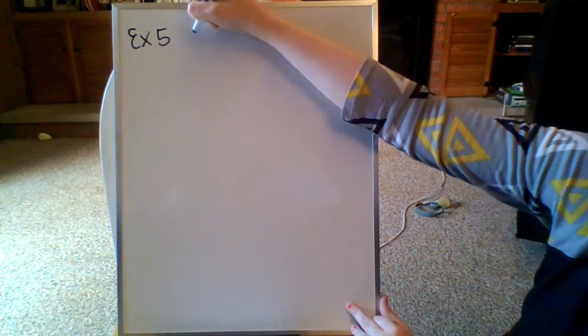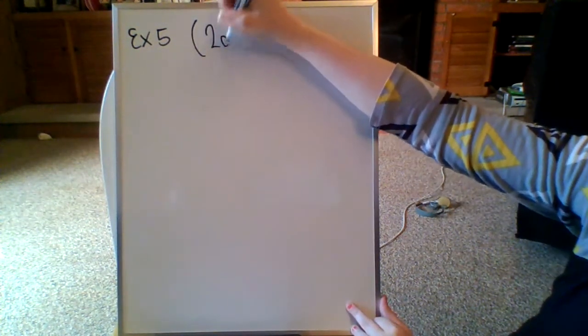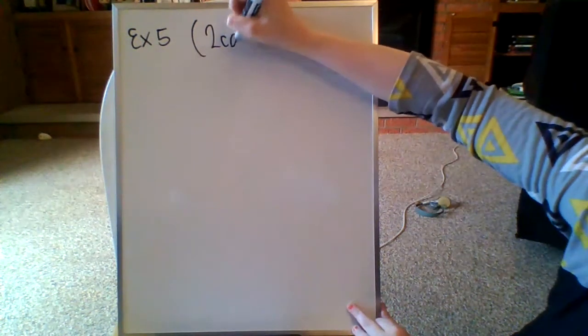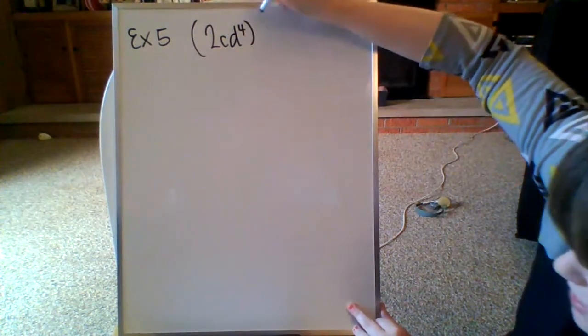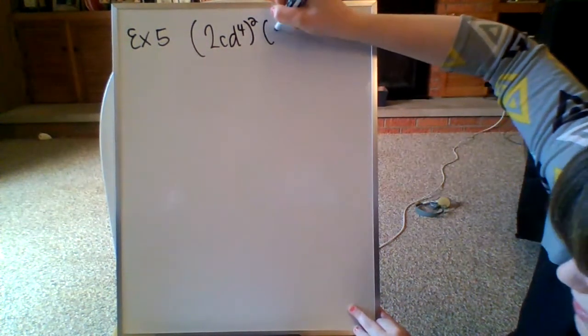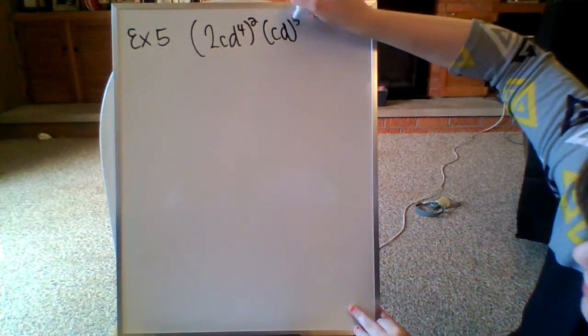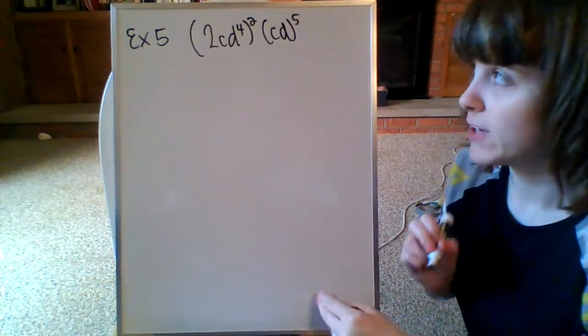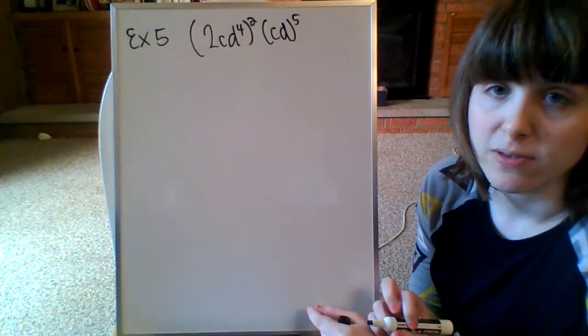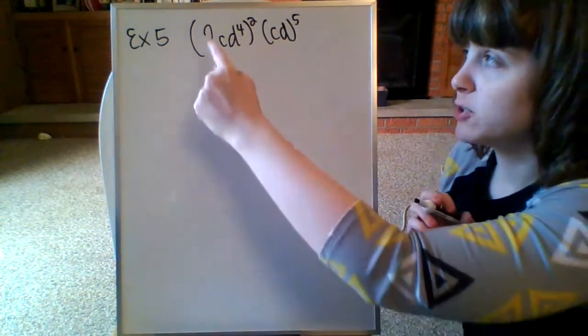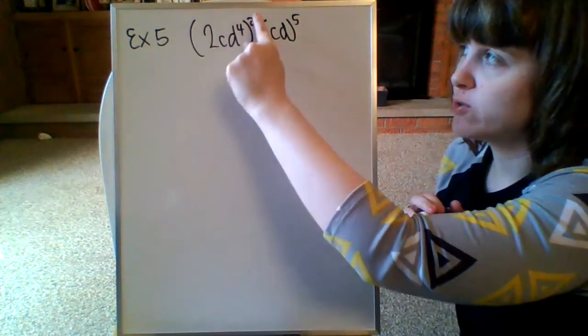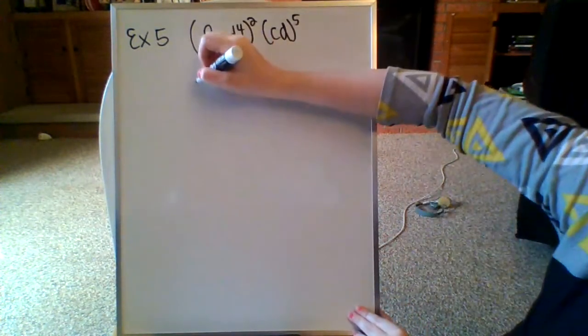Alright, so this last example says 2cd to the 4th, squared, times cd to the 5th. Okay, so we're going to do this in 2 different parts. So first we're going to deal with this part. We're going to have 2 squared, which is 4.